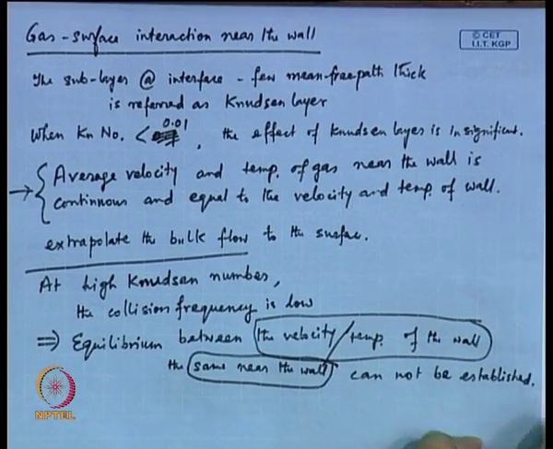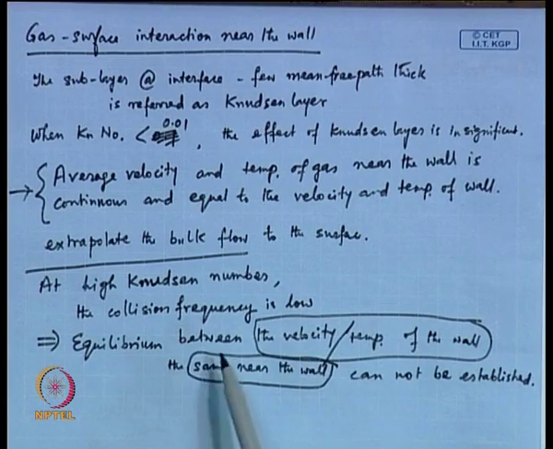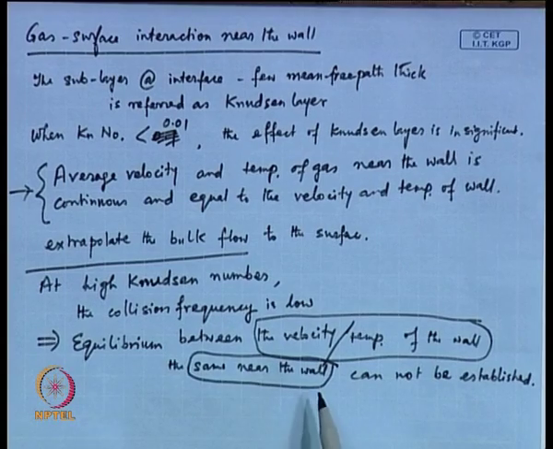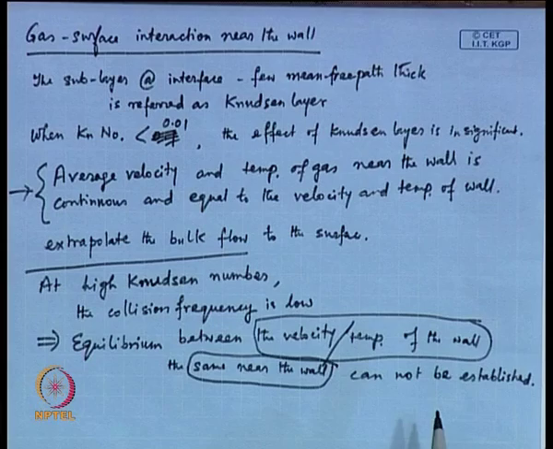Cannot be established. So, equilibrium between the velocity or temperature of the wall and the same near the wall cannot be established. Okay.